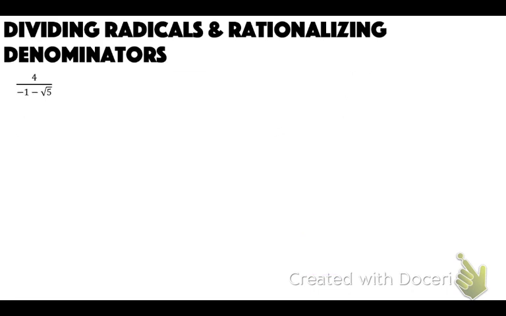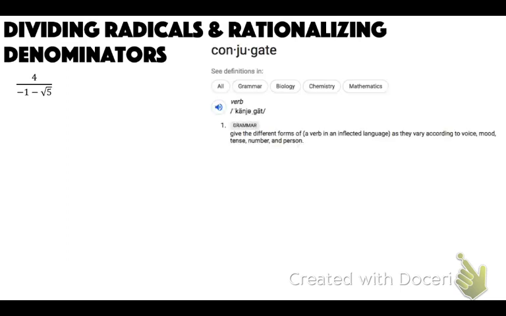Okay? Now these ones, when we're rationalizing these denominators, we're going to multiply by what we call a conjugate. Okay, so conjugate, the definition is give the different form of a verb in an inflected language. So like Spanish, you can conjugate verbs, as they vary according to voice, mood, tense, number, and person.